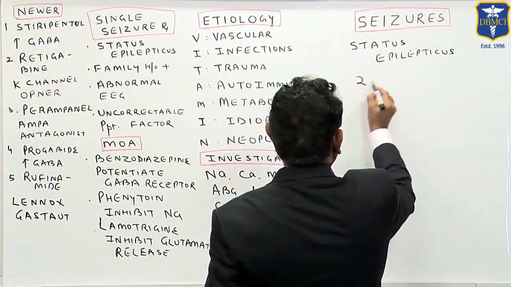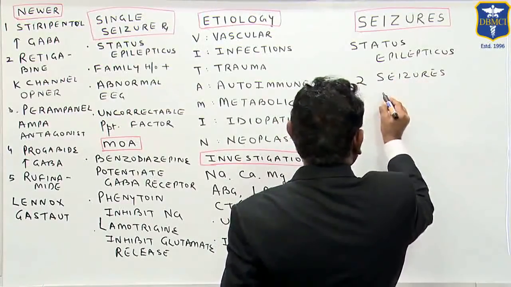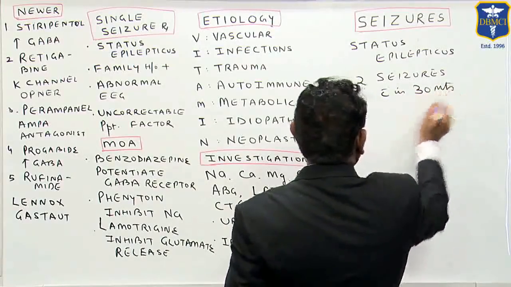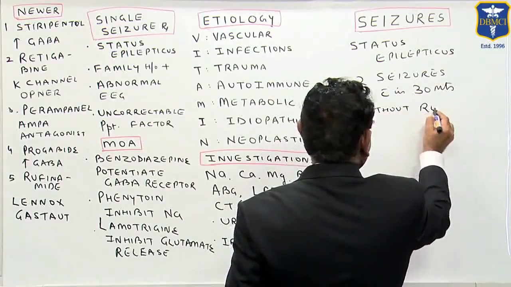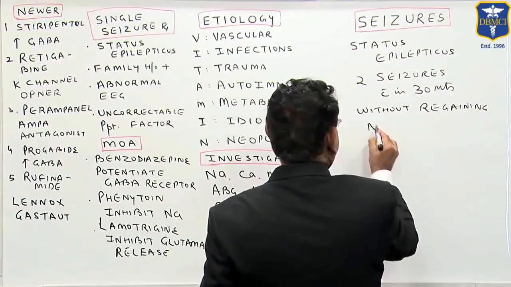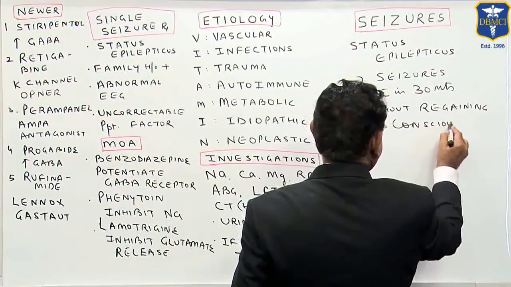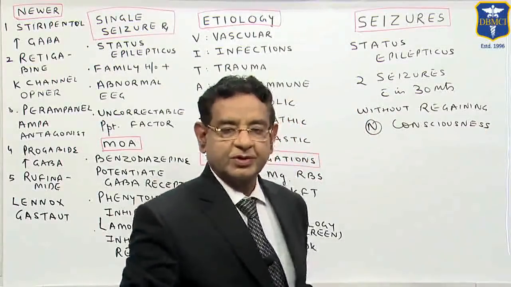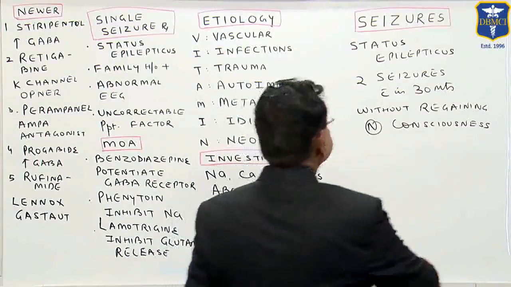Two seizures within 30 minutes without regaining normal consciousness. Okay. Now you are clear about the various terms regarding seizure disorder.